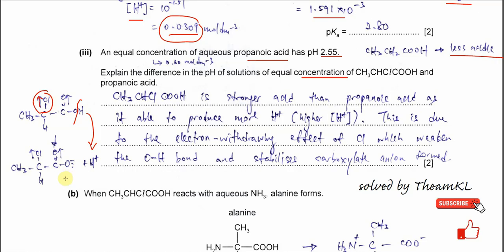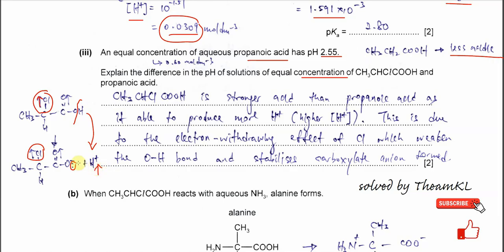Once it has formed the carboxylate, because the chlorine is still withdrawing electrons toward itself, the electron density on this oxygen is lesser. Therefore it is less likely to bond with the H+, and the H+ concentration is higher, so it is more acidic.